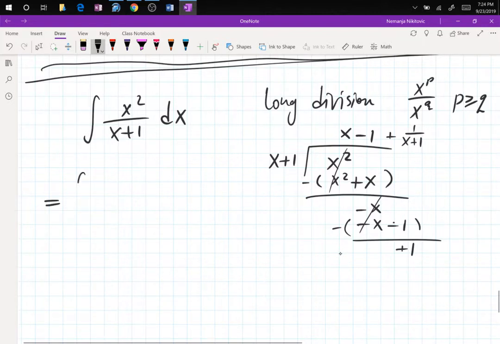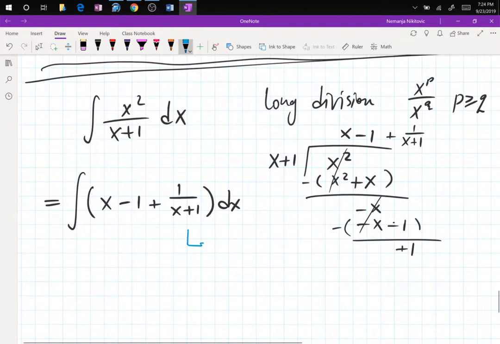So now this integral becomes x minus 1 plus 1 over x plus 1 dx. And woohoo! Right? This one at the end is going to be u equals x plus 1, du equals dx.